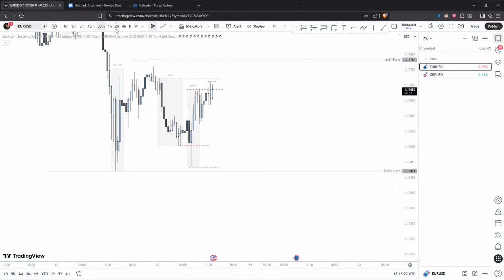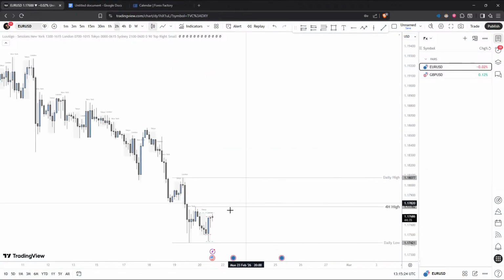So what does that mean? Internal liquidity is basically liquidity on the smaller time frame. External liquidity is liquidity on the higher time frame.